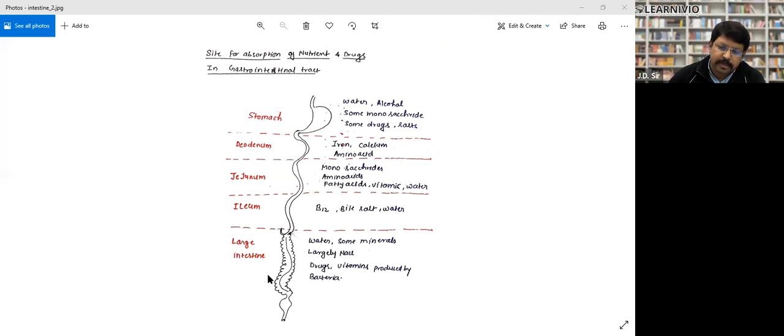I have made a diagram of this complete digestive tract: stomach, duodenum, jejunum, ileum, and large intestine. In the stomach, absorption of water, alcohol, some monosaccharides like glucose, some drugs and salt takes place. Alcohol is the fastest absorbing substance in the human gut.